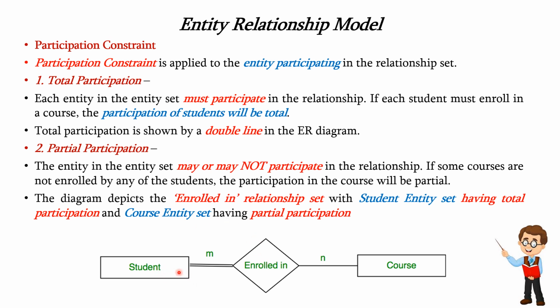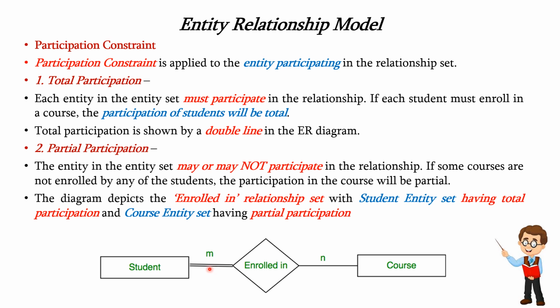Definitely a student has to enroll in a course, which is indicated by double lines. It is called total participation. But a course might be there which may or may not have students. So course is an entity which can participate or not participate in the relationship R. It is called partial participation.